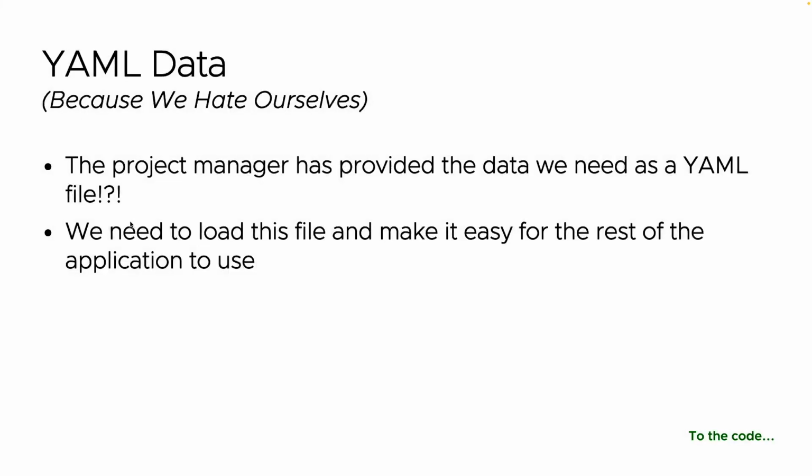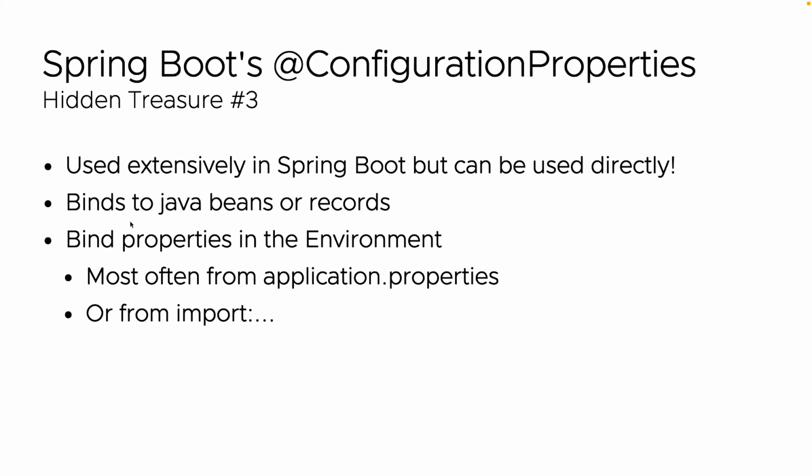And I think that's it for the YAML. So just to recap again, ConfigurationProperties, that annotation is something that we use extensively within Spring Boot, but it's really handy if you want to have some type of typed configuration or import of data in your own applications, and you can just annotate any class with it.